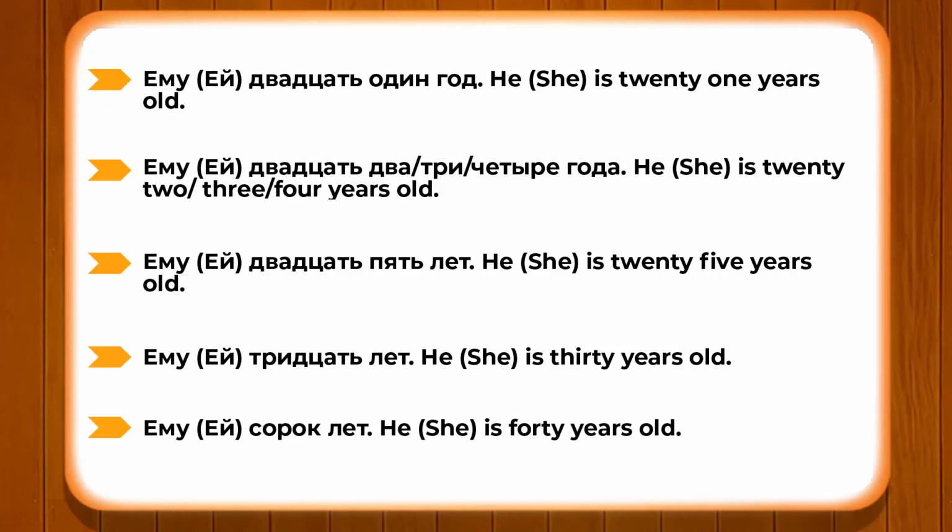Likewise, we have another verb with us, учиться. But here the ending of the verb is absolutely different from the ending of писать. So the conjugation would be different. How do we conjugate the verb учиться? Я учусь, ты учишься, он, она учится, мы учимся, вы учитесь, and они учатся.